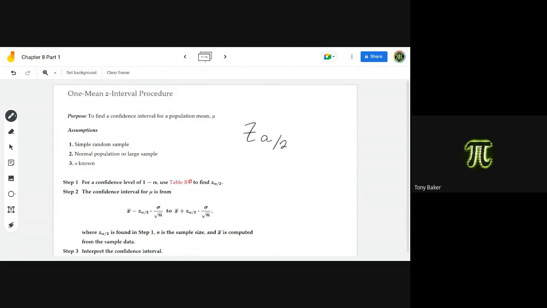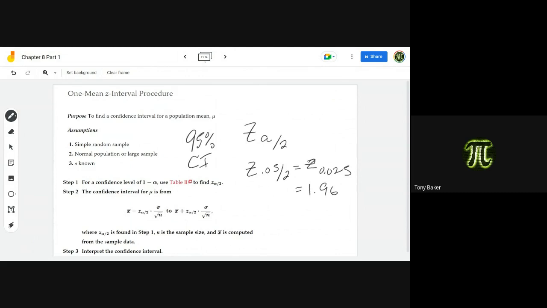So for a 95% confidence interval, it'd be 0.05 divided by 2, which is the Z of 0.025. Remember, that number is the number that I'm looking for at the right, which we just did a little bit ago, and we came up with 1.96.